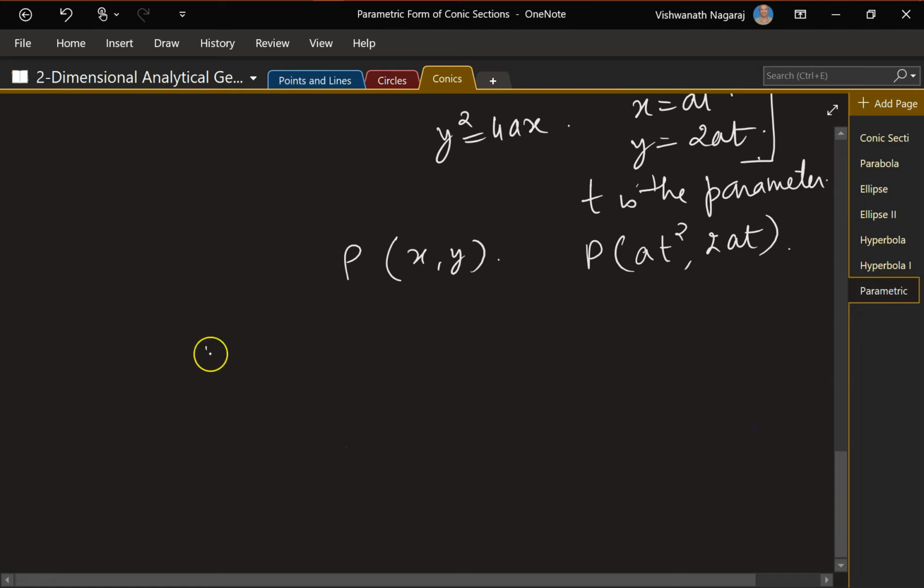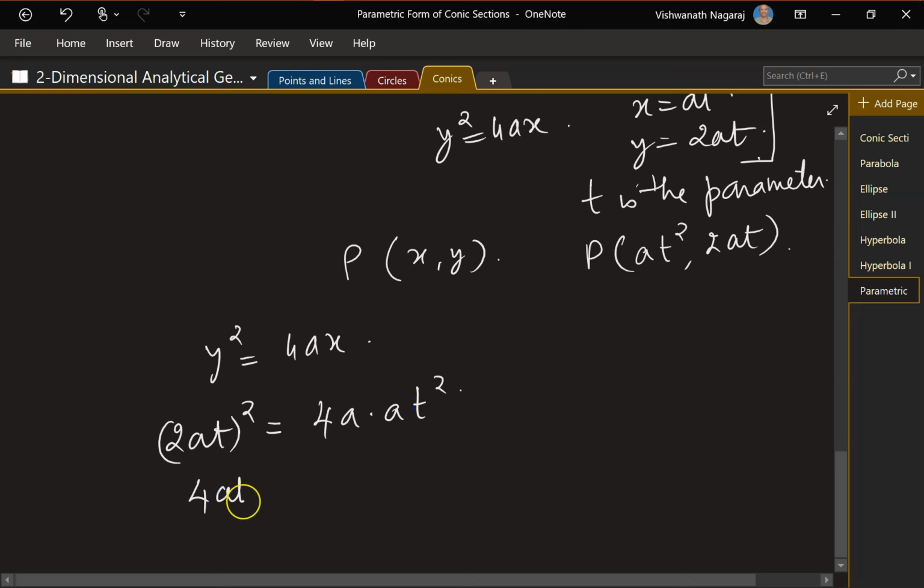Let's take y square is equal to 4ax and substitute the values of x and y. So 2at whole square is equal to 4a times at square. So 4a square t square is equal to 4a square t square.